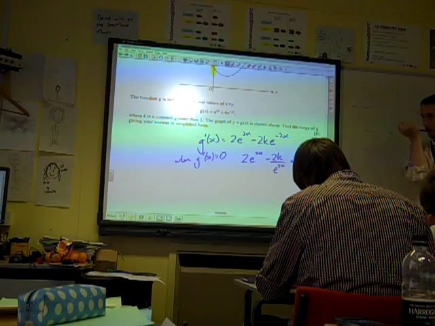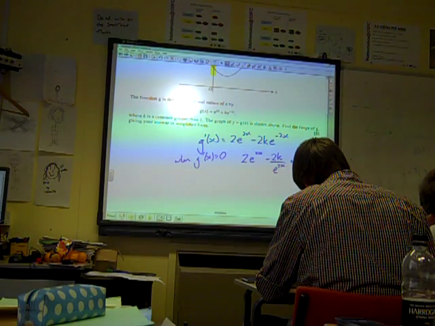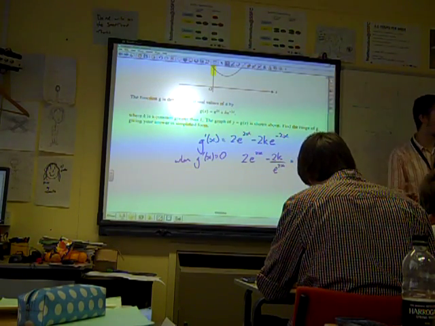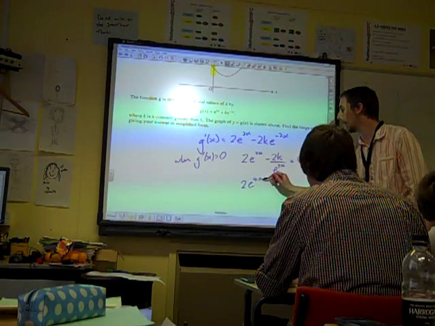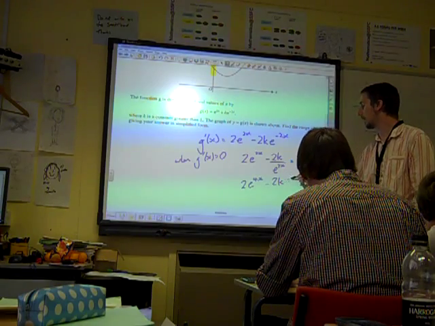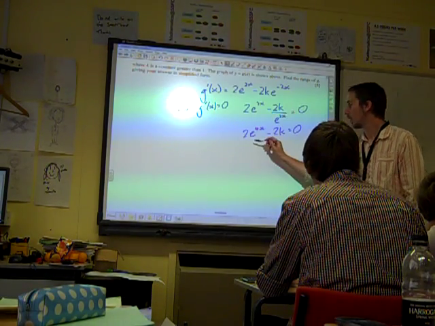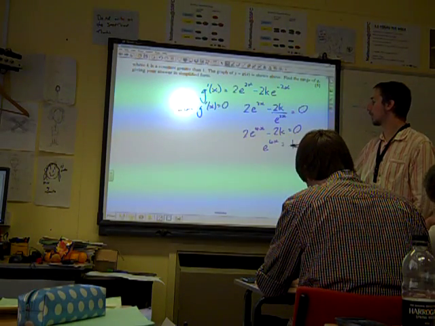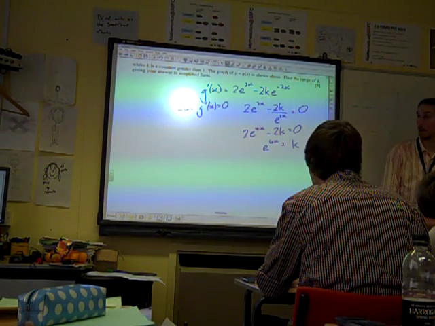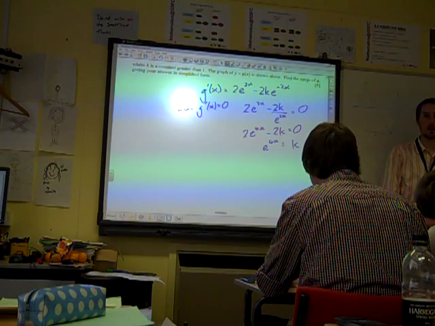And we've just solved an equation like this, so we know where we're going. This is 2e to the 4x minus 2k is 0. So e to the 4x equals k. I've divided by 2 and taken the 2k over to the side at the same time.